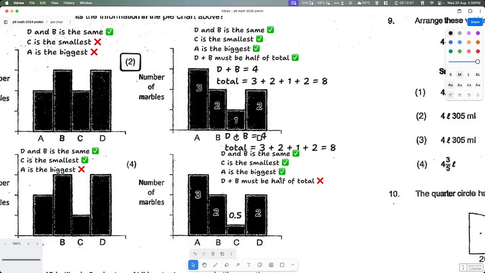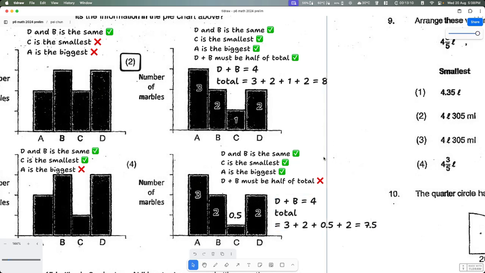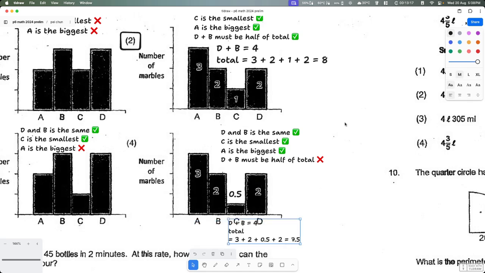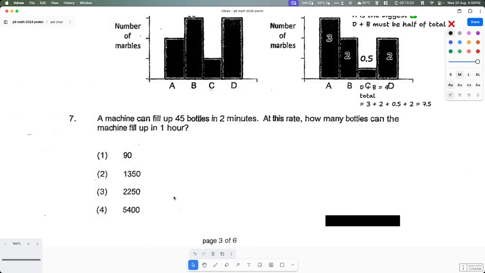So this one, DB is 4, 2%, and then this is 0.5. So this is 7.5 in this case over here. So that means this is wrong as well. So yeah, that's not it, bruv. Okay, that's it. Let's move on to the next question. Wow, this is quite a good question, right? If people didn't know this.